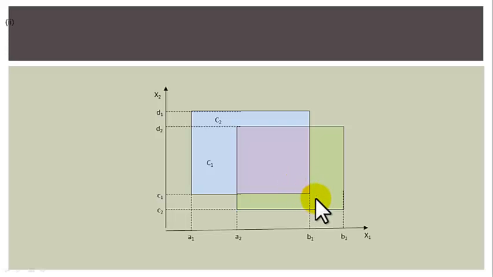Clearly, E1 intersection E2, that is the intersection of this rectangle and this other rectangle, is the rectangle here. This is the intersection. So you can see that the intersection of two rectangles will always form a rectangle. And also, E1 difference E2.